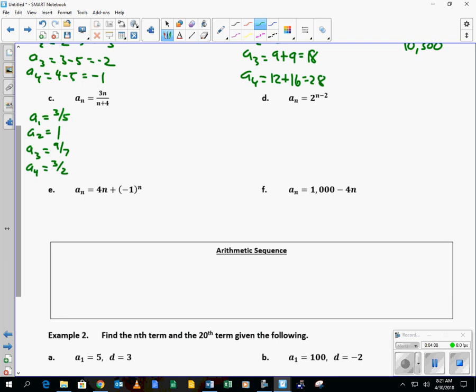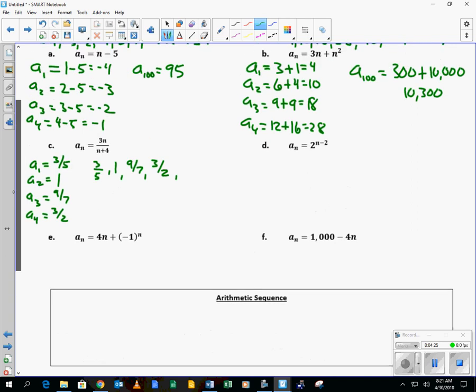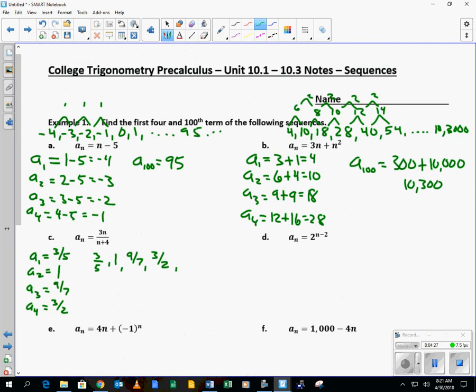So look at this sequence, okay? We have 3/5, we have 1, we have 9/7, we have 3/2. Could you look at that and predict what the next term would be? That would be really difficult, wouldn't it? So try to gain a little bit of appreciation. It would be easy for us to write a rule for the first sequence. It would be a little tougher, but still not too difficult for us to write a rule for the second sequence.